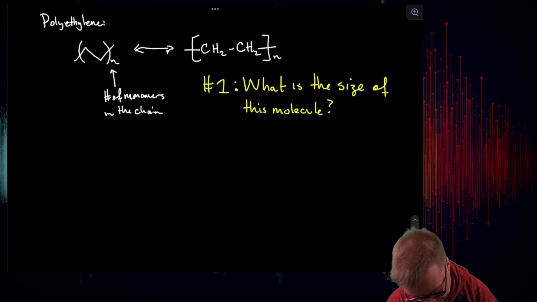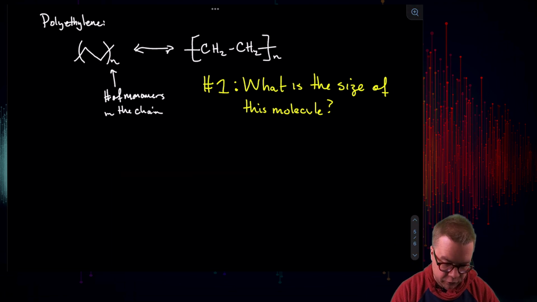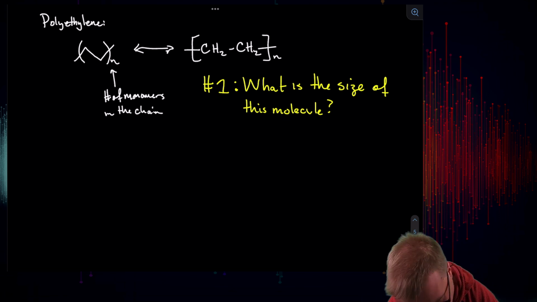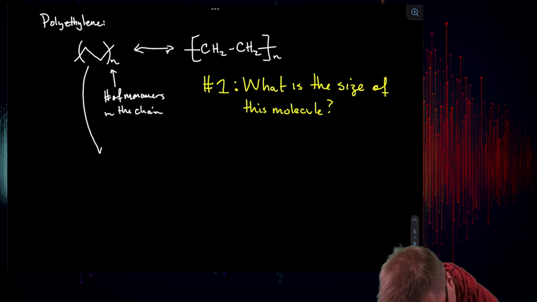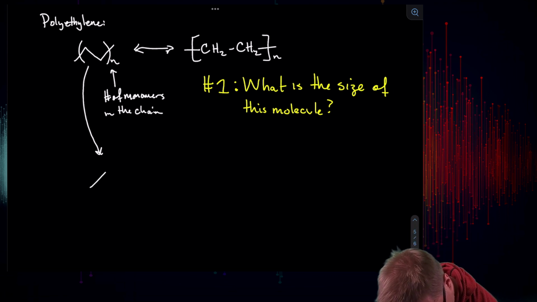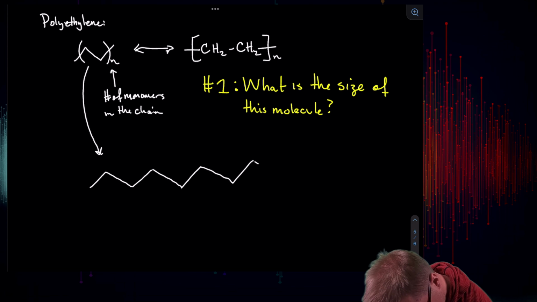Well, the first thing is, let's take our molecule and let's spread it out. Let's take this chemical structure and kind of expand it a little bit. Okay, so this thing would look like, if I got rid of those parentheses and drew in the structure, my polyethylene would look something like this. Okay, and it would just go on forever.